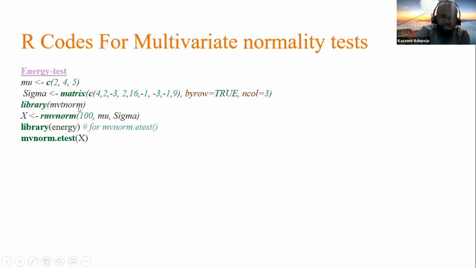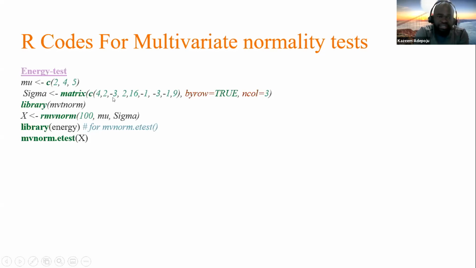Then X is the data set I want to generate, a multivariate data set from a multivariate normal distribution in R. I want to generate 100 observations using the mu vector and the sigma variance covariance right here.